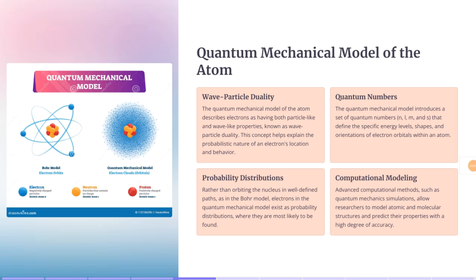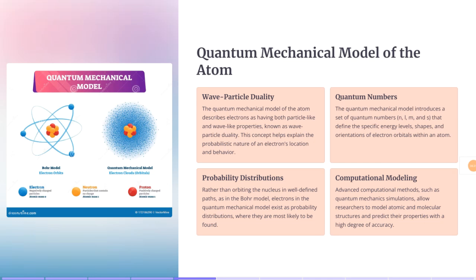Quantum numbers. The quantum mechanical model introduces a set of quantum numbers n, l, m, and s that define the specific energy levels, shapes, and orientations of electron orbitals within an atom.